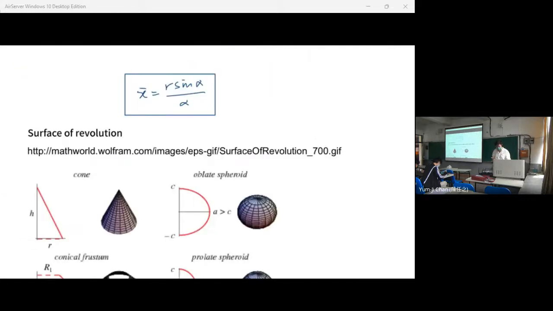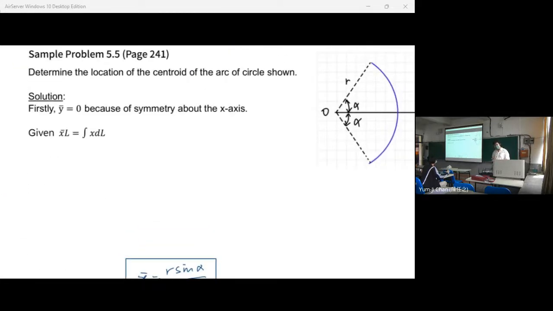And for this one, determine the location of the centroid of the arc of circle shown.